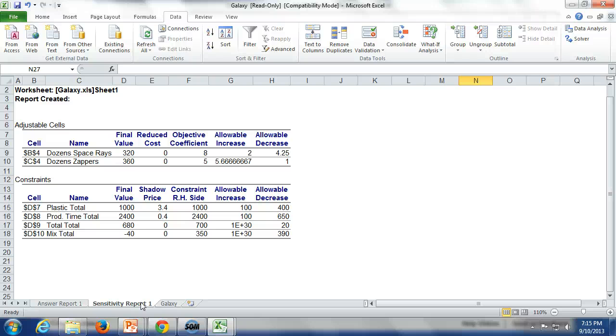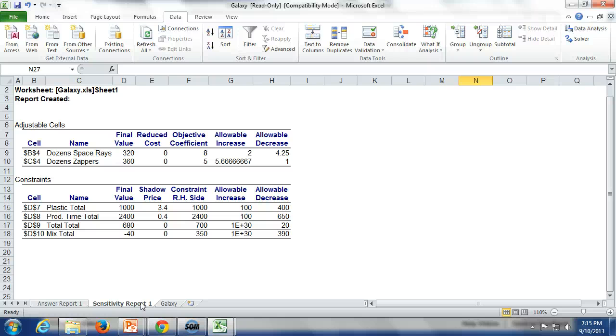Now what you'll see for those as well is something called the shadow price. The shadow price for plastic is 3.4. The shadow price for production time is 0.4. Let me explain what this means. If we get one additional unit of plastic, our profit's going to increase by what? $3.40.